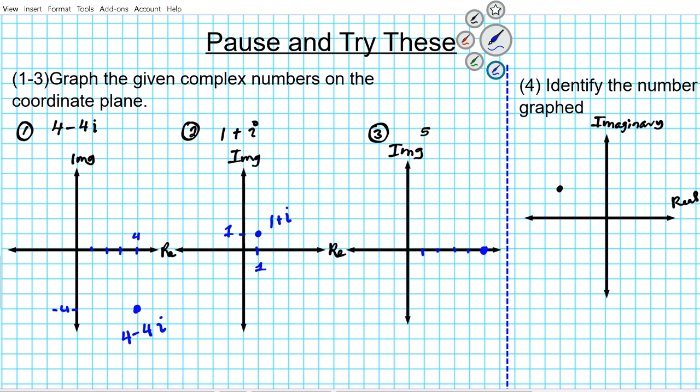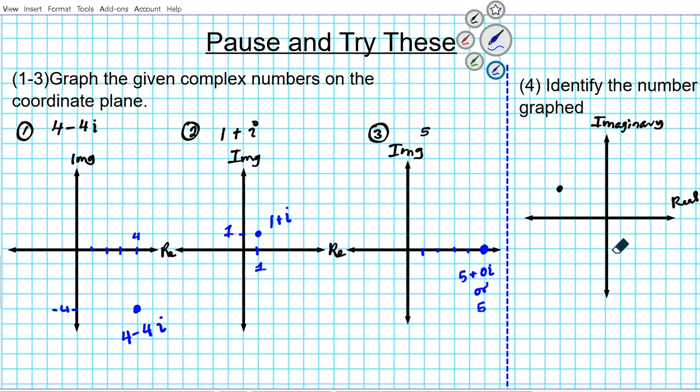Right here is the point. This is a graph of the real number 5, or you could call it 5 plus 0i, because the b component is 0. That's why you end up with 5. So 5 plus 0i is the same thing as 5.